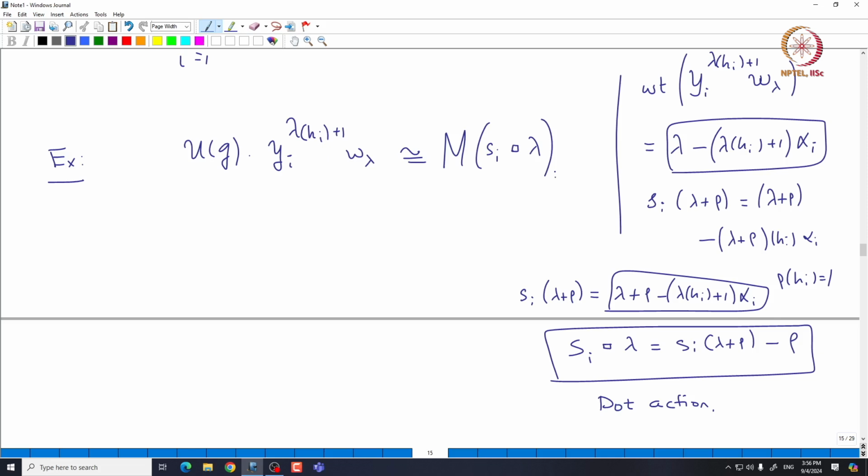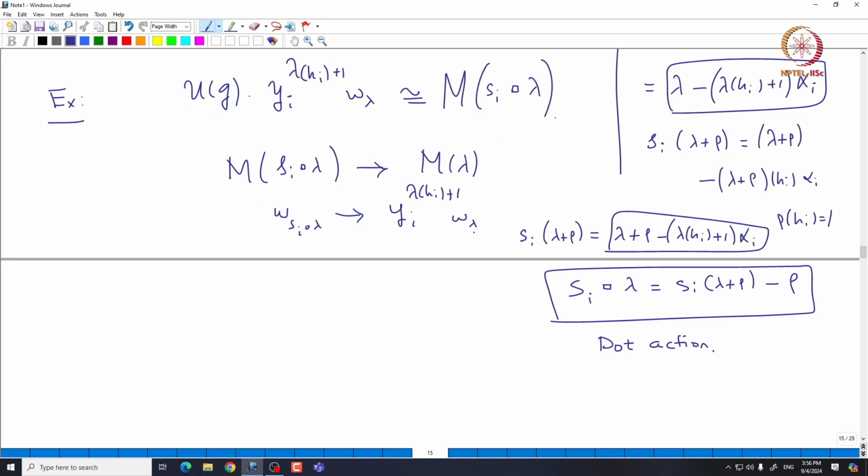This is easy to prove, because you just need to show that there is a map from M of Si dot lambda to M of lambda, given by sending the generator to yi power lambda of hi plus 1 w lambda, and any non-zero map from one Verma module to another Verma module will be injective.